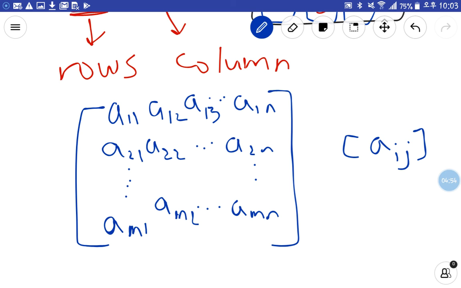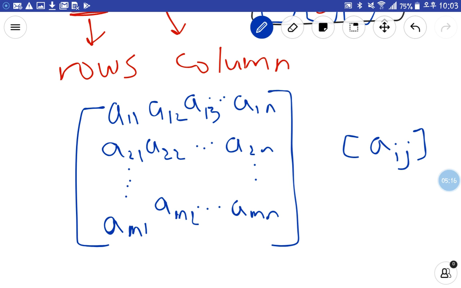The first subscript i is the row, and the column subscript is the second one. I told you, always rows first and columns second. So A11 is first row, first column. A12 is first row, second column. And in general, the order of an m by n matrix is m by n.